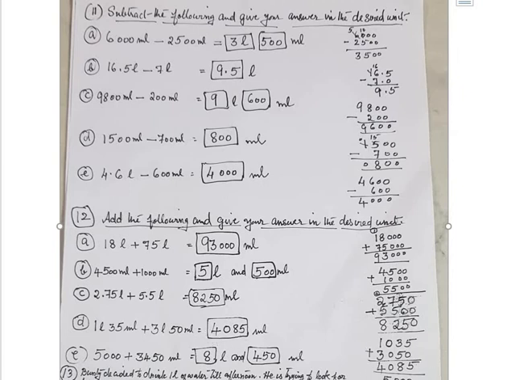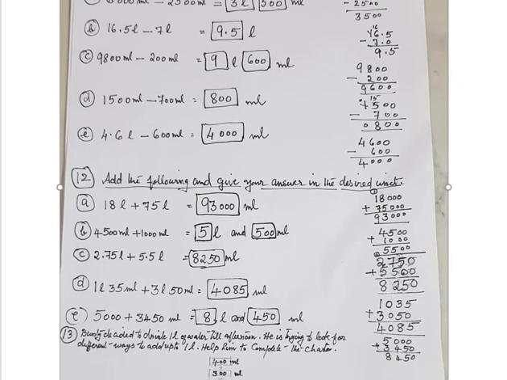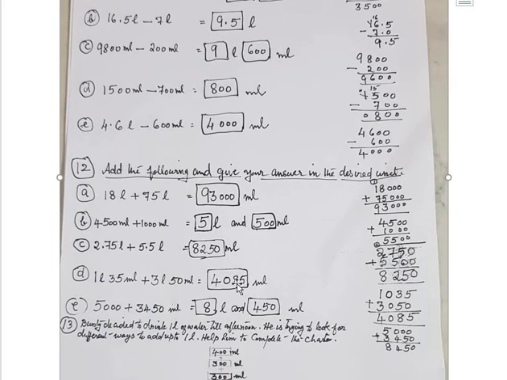Next one, 1 liter 35 milliliter plus 3 liter 50 milliliter equal to. So here again I have shown the method. 1 liter we can convert: 1 liter equal to 1000 plus 35, 1035, plus 3 liter equal to 3000 plus 50 equal to 3050.